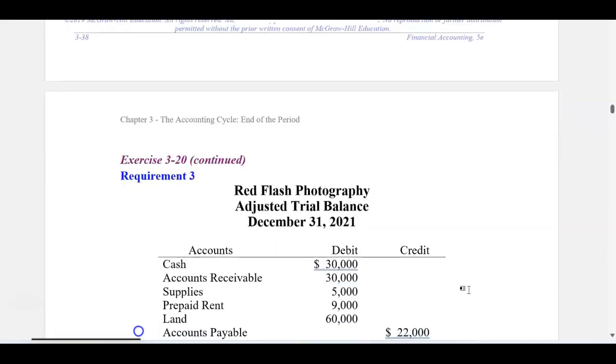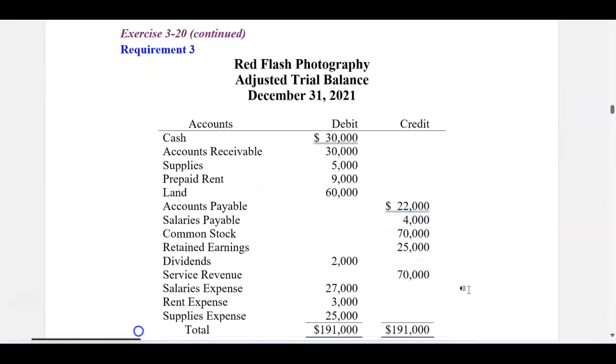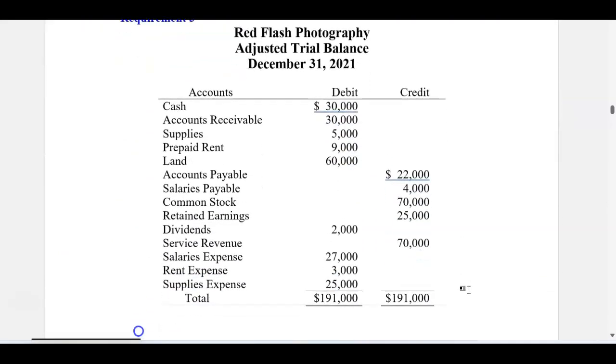And it says now prepare adjusted trial balance. So if you have done this on a paper using a T account, which normally I suggest.